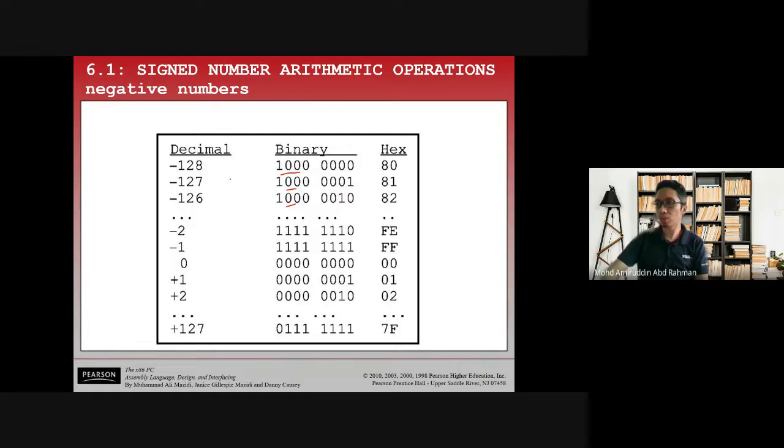But for 127, the original number is 0, 1, 1, 1, 1, 1, 1, 1. This is the original 127.